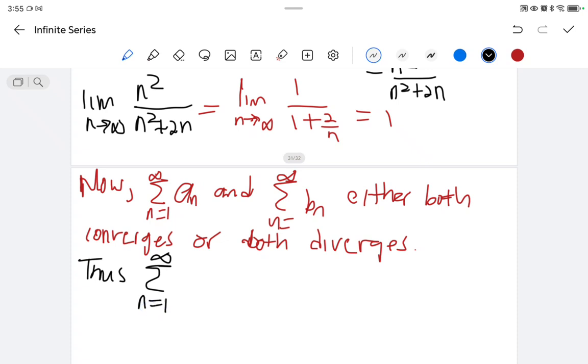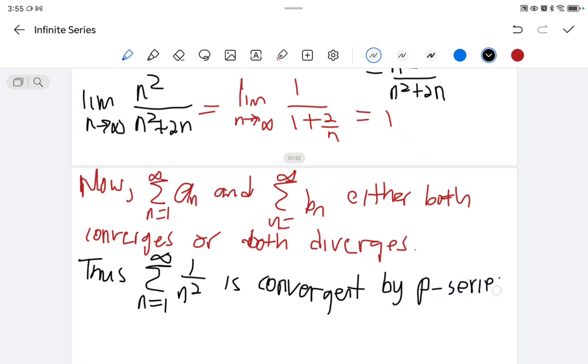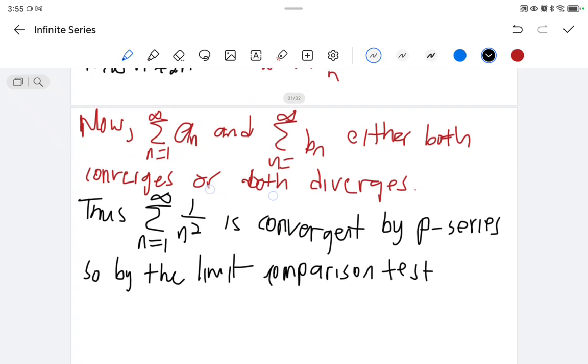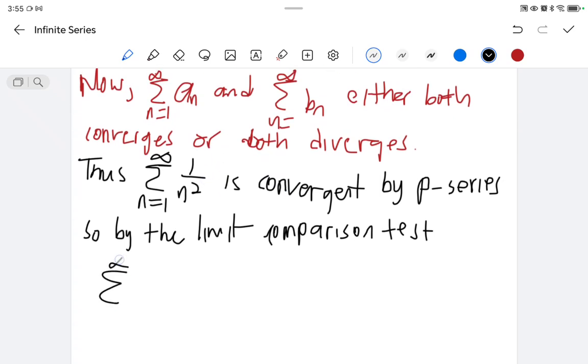The summation of b of n is convergent by the p series, because p is greater than 1. So by the limit comparison test, the summation of 1 over n plus 2 also converges.